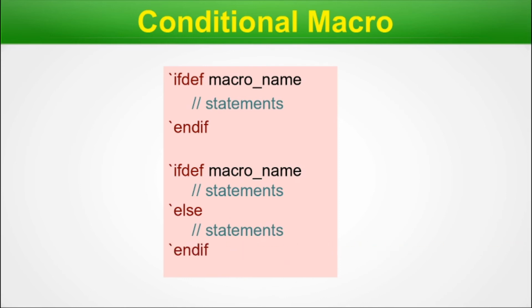So these are conditional macros. In some cases, with system variables for example, we have to initiate something in our analog module. If the system variable is something, we do something, and if the system variable has some other value, we do something else. For that we can use this ifdef, else and endif structure.